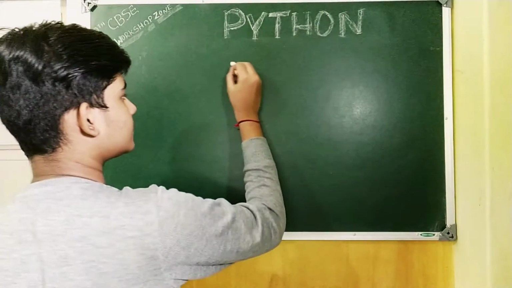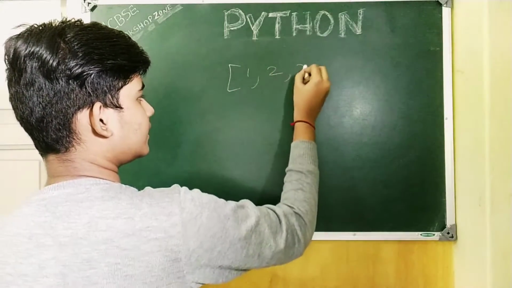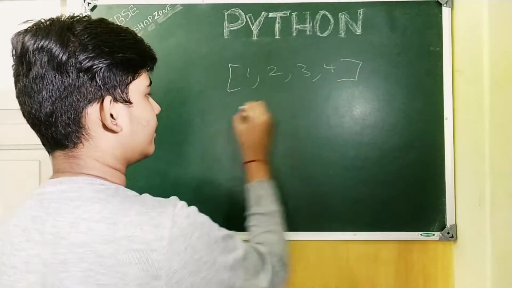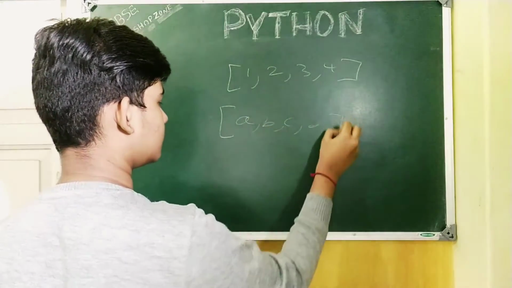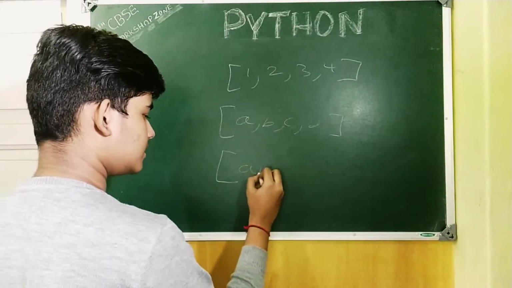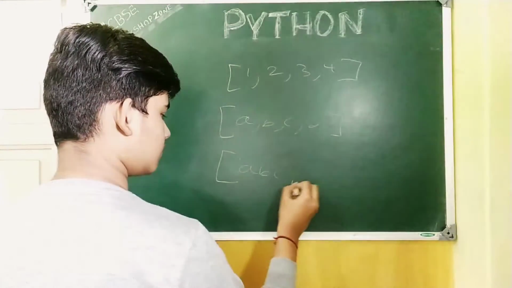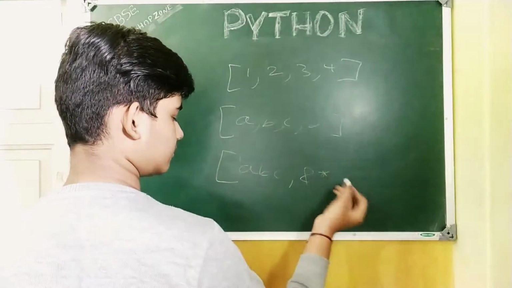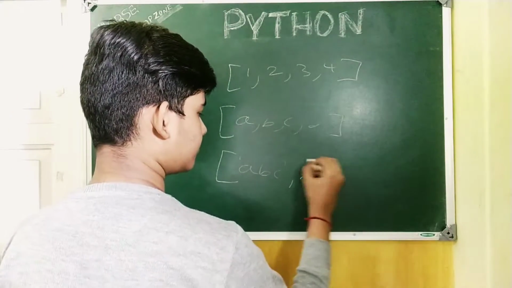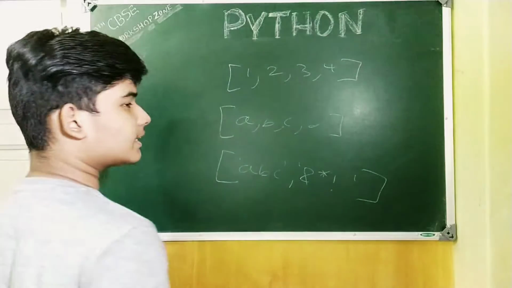For example, you can write something like 1, 2, 3, 4, or A, B, C, D, or hashtag, exclamation mark, etc.